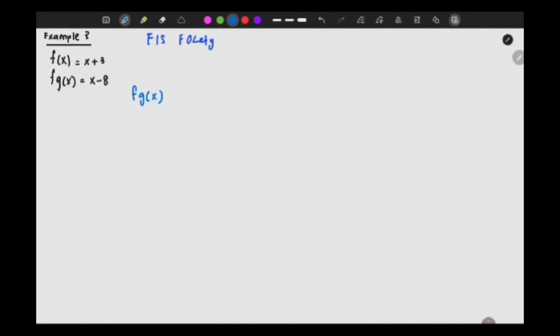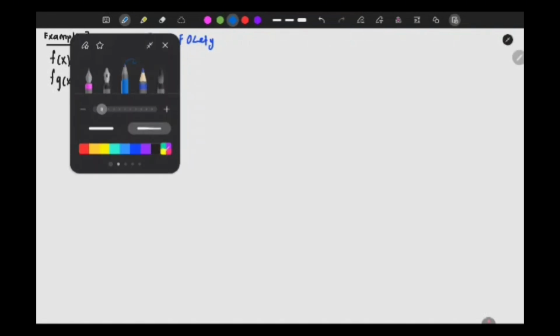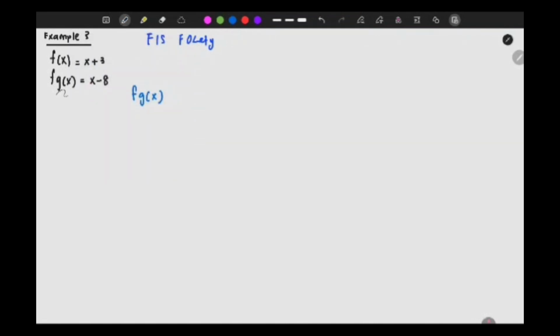I think I forgot to write questions for every example. It's okay, my bad guys. I'm too lazy to write a very long question. Just put it like this. Hope you guys know what that means. So f(x) is x plus 3. Sorry guys. fg(x) is x minus 8, and g(x) is x, which we don't know. We have to find that.